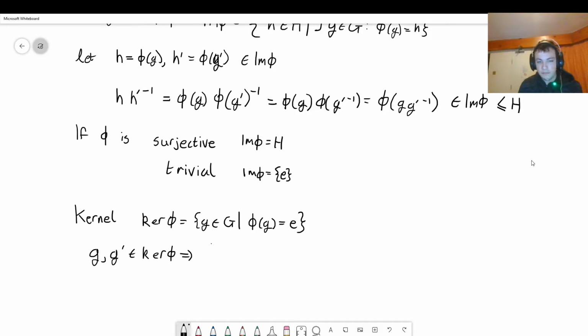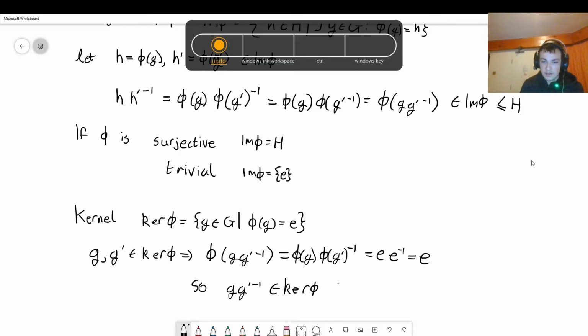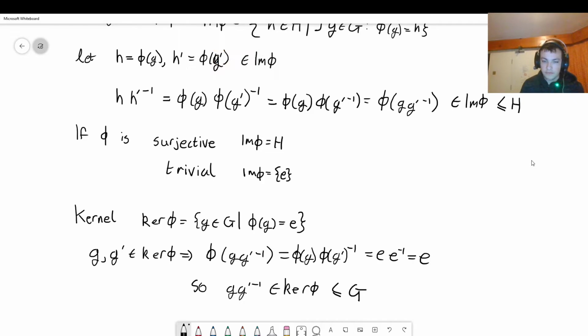Therefore, phi of g g prime inverse is phi of g phi of g prime inverse, and that's just e e inverse, which is e. So g g prime inverse is in the kernel of phi, which must then be a subgroup of G.